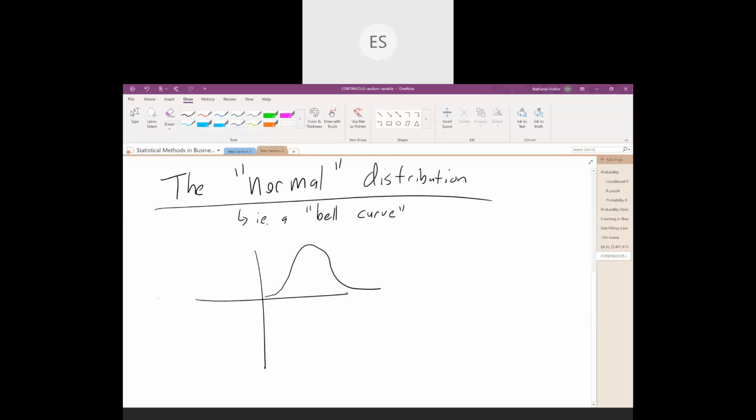Okay. How about this one? Is that a bell curve? Yes. Okay. How about this one? I think so. No, it's not. This is actually the sum of two, so this is not a bell curve.